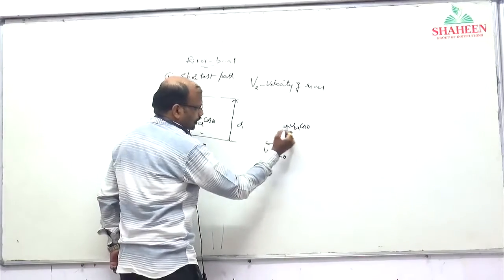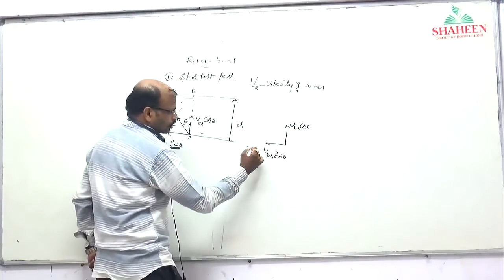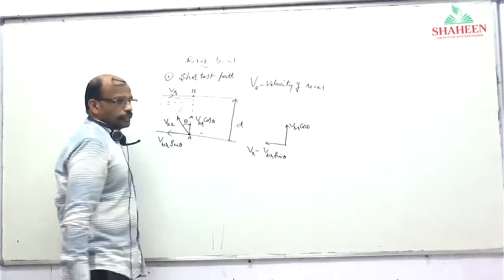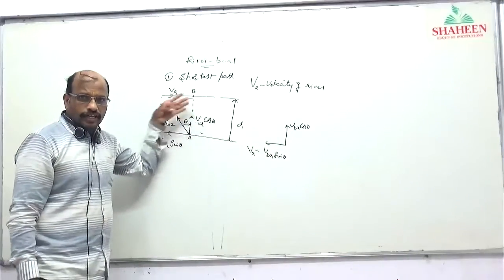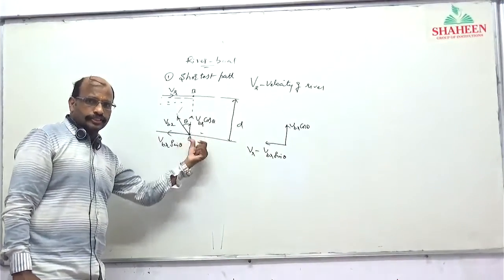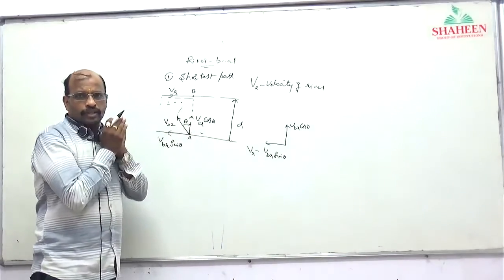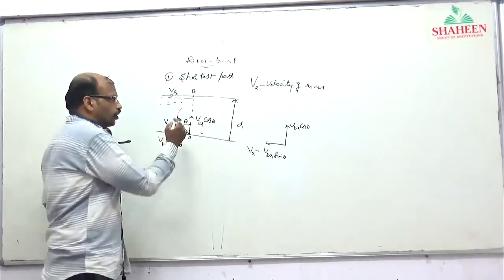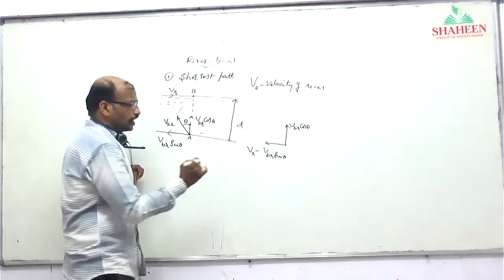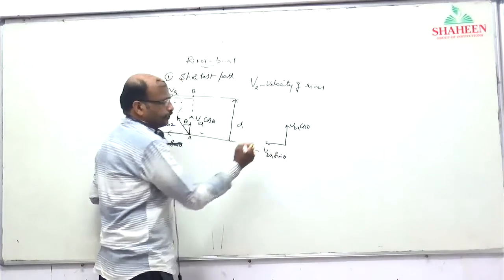So the resultant horizontal velocity is VR minus VBR sin theta, because VR is in this direction and VBR sin theta is in the opposite direction. With this resultant horizontal velocity the boat makes some horizontal displacement: VR minus VBR sin theta.